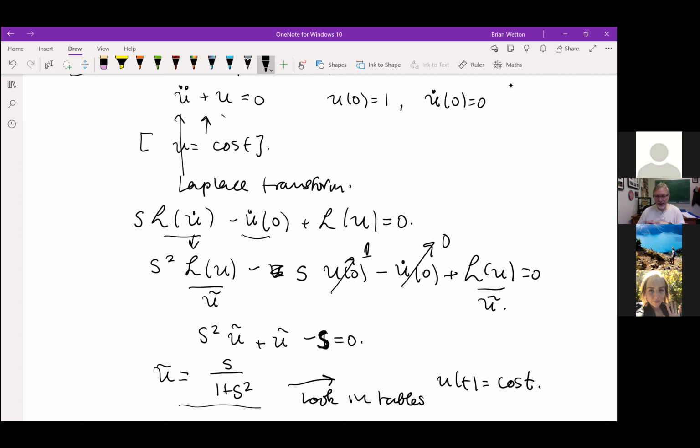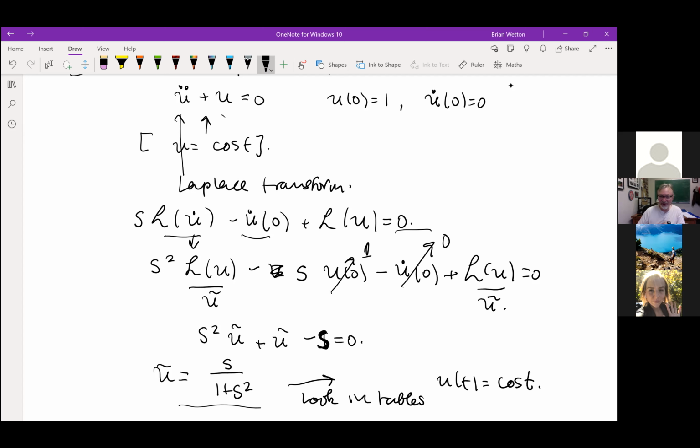So a number of you who I know can use Laplace transforms, you can solve problems with forcing this way, as long as they're of a reasonable level. And you can use this technique to solve problems that you could have solved with the method of undetermined coefficients.